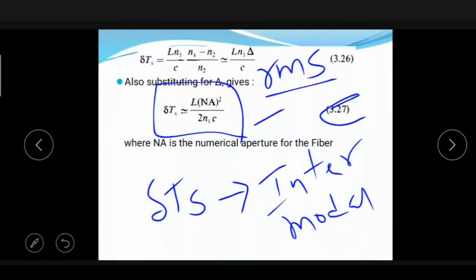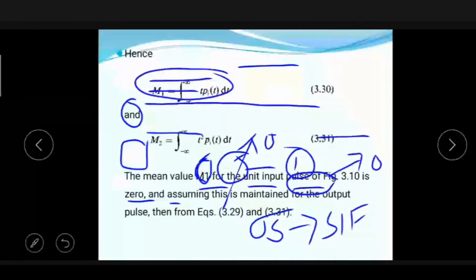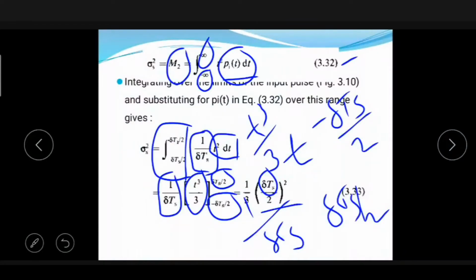3.27. Delta Ts is L into the square of the numerical aperture by 2 n1 into c. This we have calculated earlier, and the same is used for substituting delta Ts.